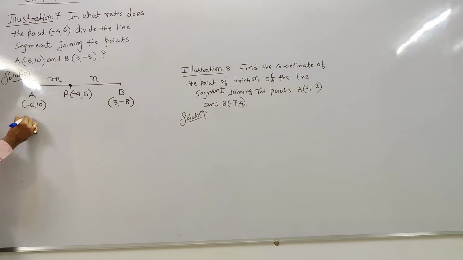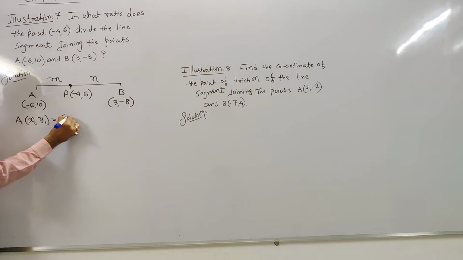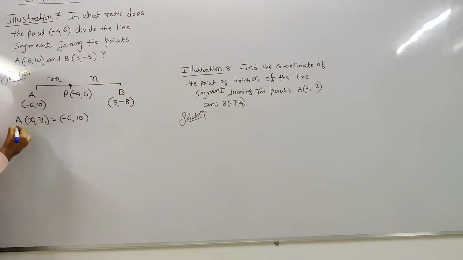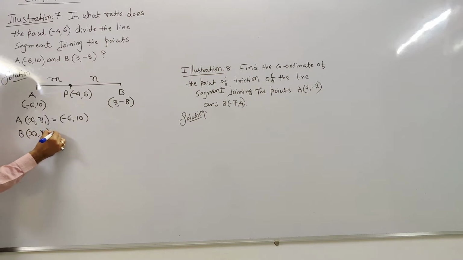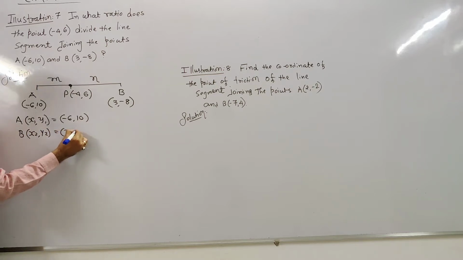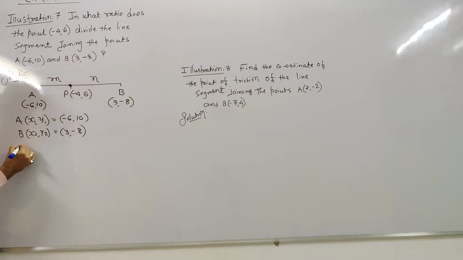So A: (x1, y1) is equal to (-6, 10). B: (x2, y2) is equal to (3, -8).